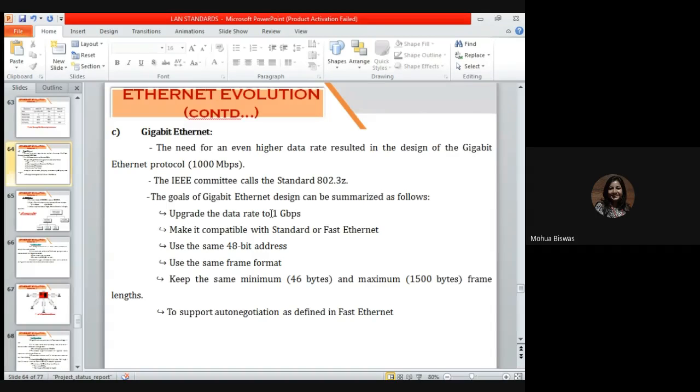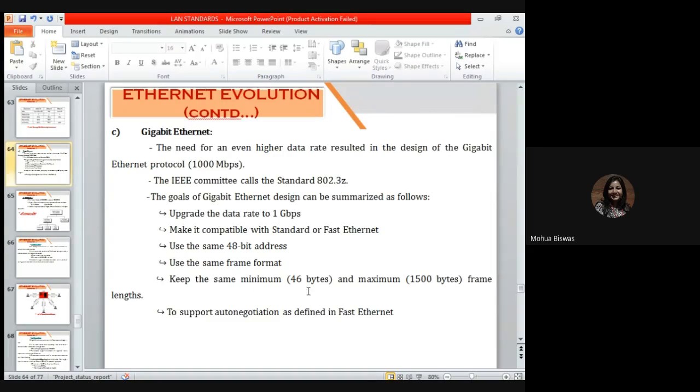Gigabit Ethernet upgrades the data rate to 1 gigabit per second, and it is compatible with standard or Fast Ethernet. It also uses the same 48-bit address, and the frame format is the same.